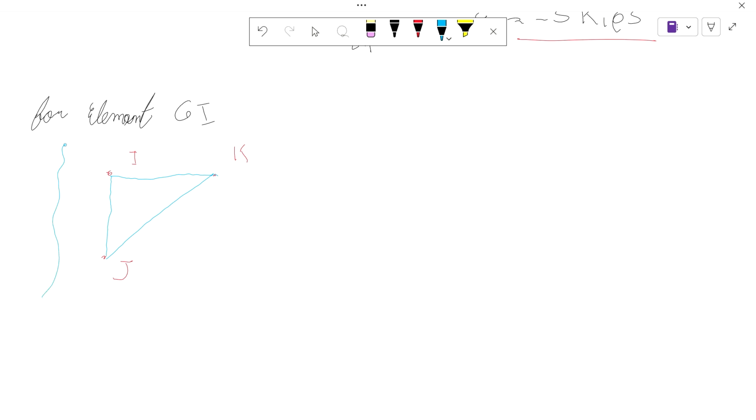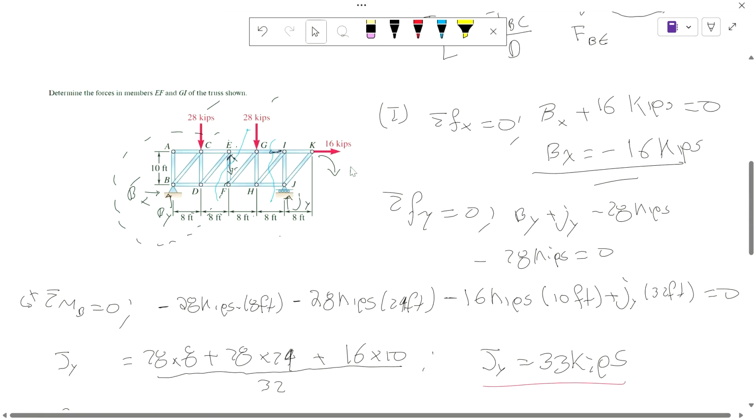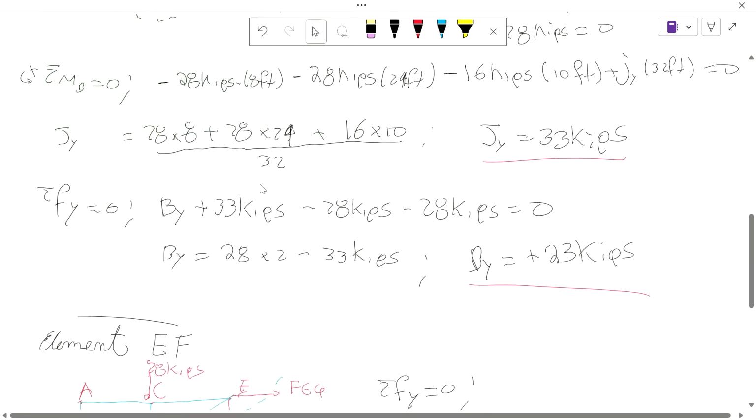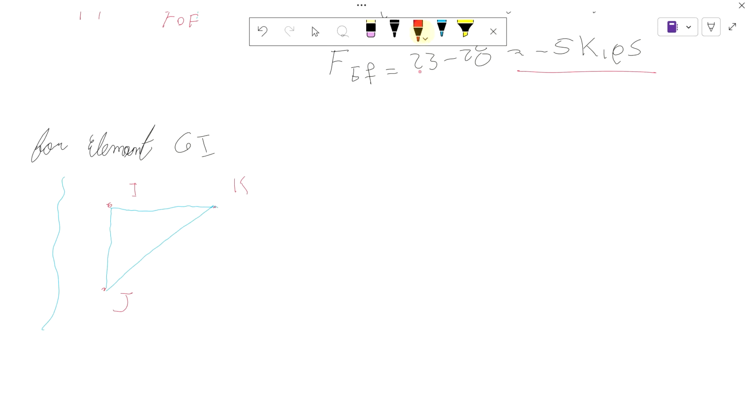And remember that we're cutting right here. So the forces that we have are 16, J, and the internal forces from the elements that we want to consider. So we have the boundary load that was given to us, the one that we found, which was positive 33 kilopounds. And now we have to find the forces here.